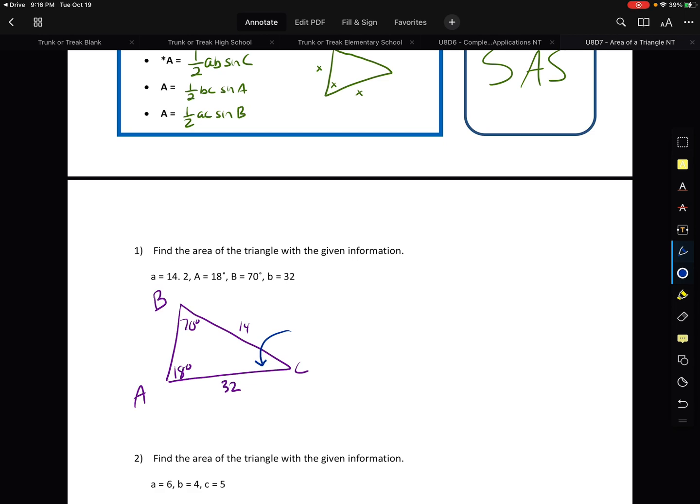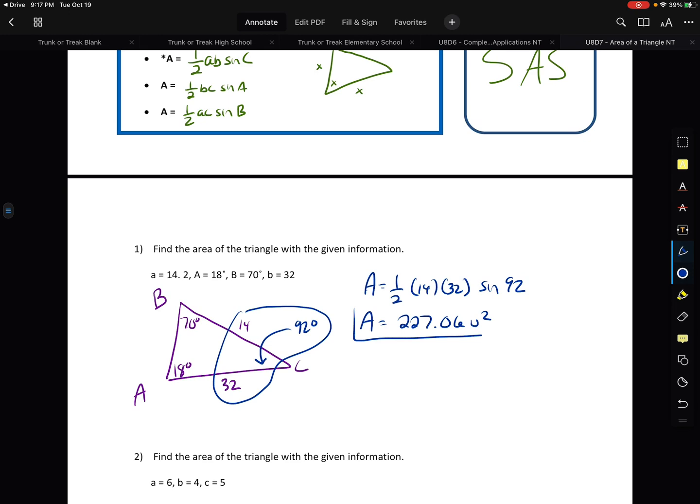Well, guess what? I can figure out this angle. 180 minus 70 minus 18 is 92 degrees. There's my side angle side setup. Area equals 1/2 times 14 times 32 times sine of 92, which is 227.06 units squared. Done.